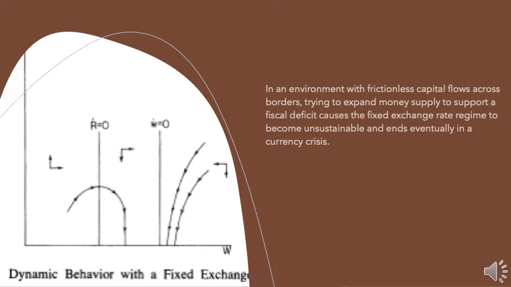At a point, the government will no longer be able to defend the fixed exchange rate irrespective of the amount of the initial reserves. Thus, in an environment with frictionless capital flows across borders, trying to expand money supply to support a fiscal deficit causes the fixed exchange rate regime to become unsustainable and ends eventually in a currency crisis.